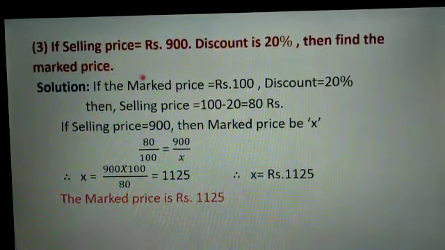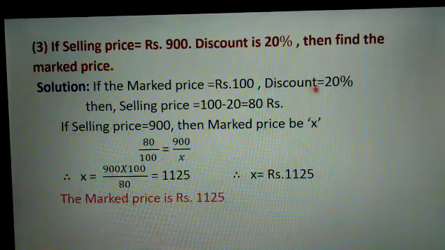So we have to suppose over here, if the mark price is rupees 100, and discount is 20%, then what will be the selling price? Selling price means from whatever mark price we are supposing, we will subtract the percent. So 100 minus 20 is 80 rupees. So this 80 rupees is your selling price.